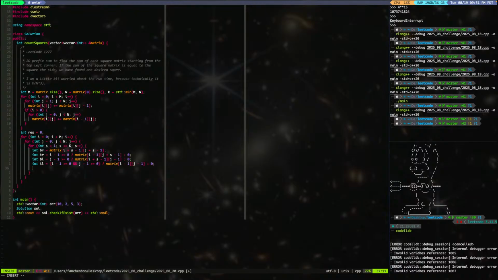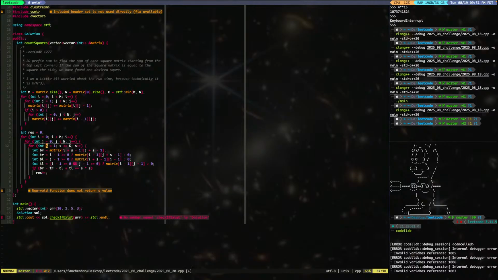Okay, so just say if bottom right minus top right minus bottom left plus top left is equal to s times s, then res plus plus, right? But there's another thing.